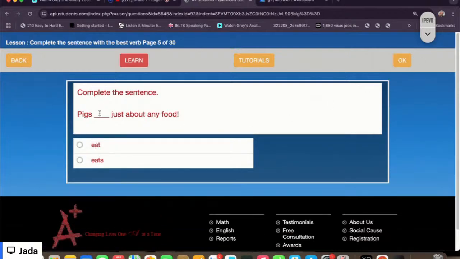Okay, so we have pigs dash just about any food. So pigs eat or eats just about any food. What's the right one here?